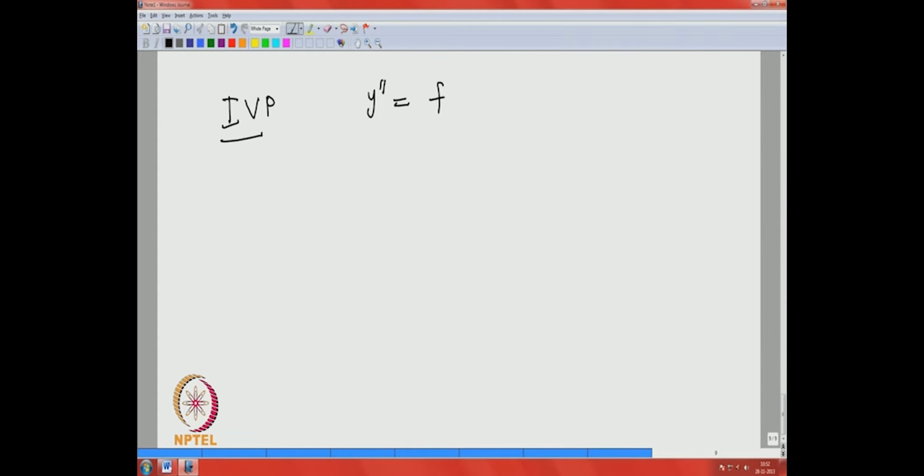There may be other possibilities which you may see as the course proceeds. So, you will have y of t, y prime of t together with one condition for y at t naught, y naught, which is for y1. And you need a condition for y2, that is nothing but y prime of t naught.